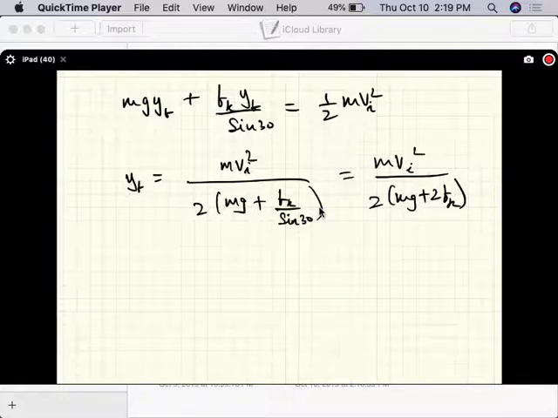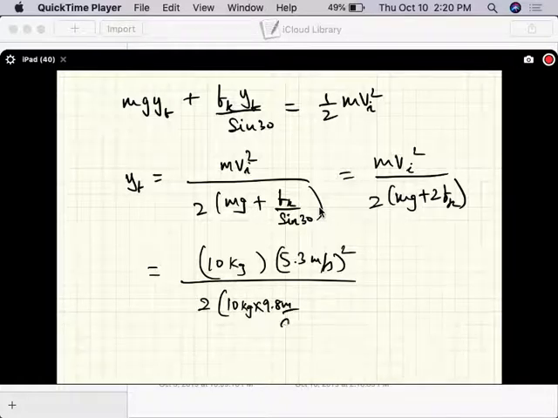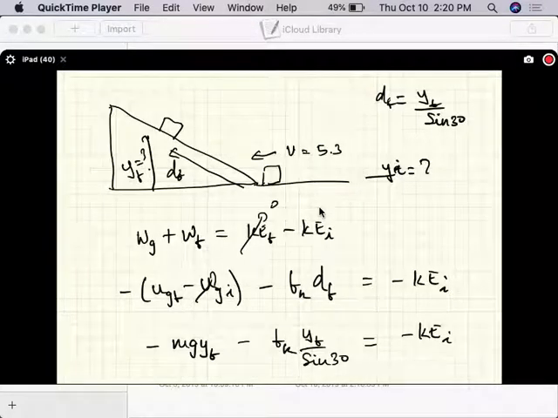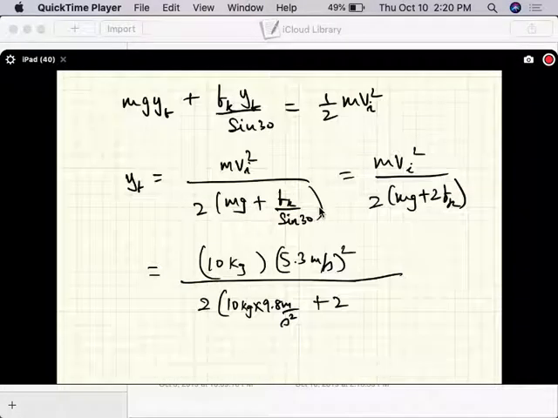Sine 30 is a half. So now we can put in the numbers. The block is 10 kg, 5.3 meters per second squared, divided by 2 times 10 kg times 9.8 meters per second squared, plus 2 times the friction force, and the magnitude of the friction force was 13.9 newtons.